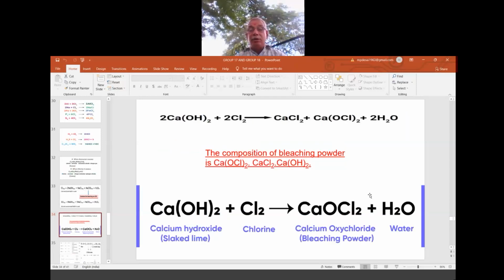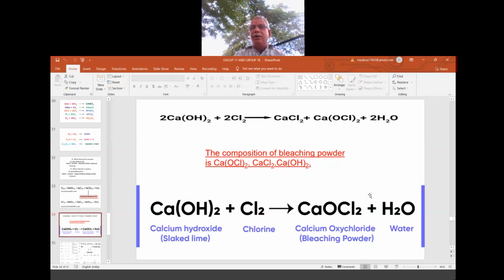Now chlorine also reacts with Ca(OH)2 and gives calcium oxychloride, which is called bleaching powder. There it has a bleaching action. Okay, bleaching powder, we learnt in the 10th class some important compounds of calcium.